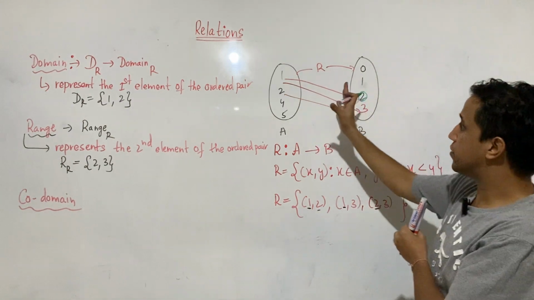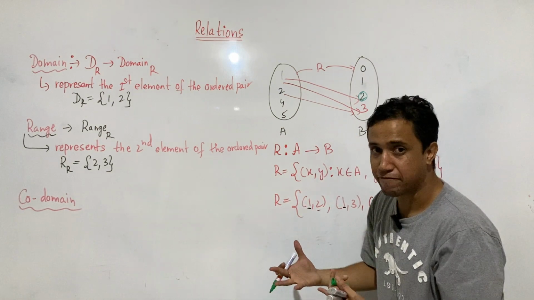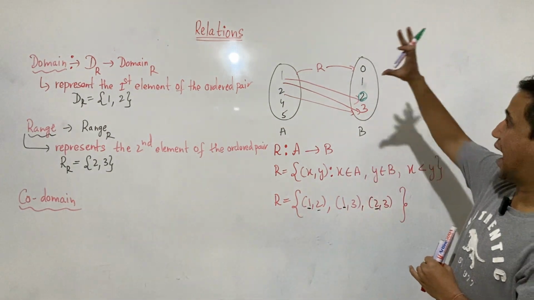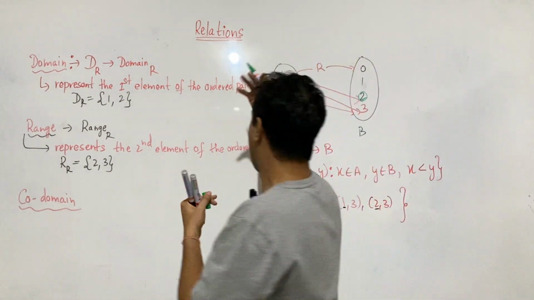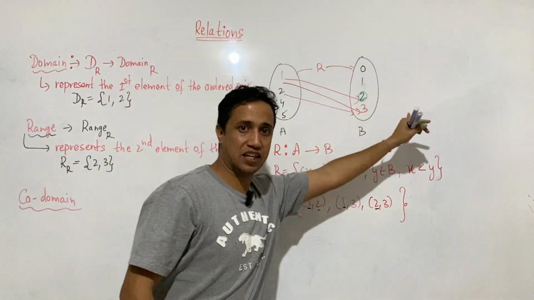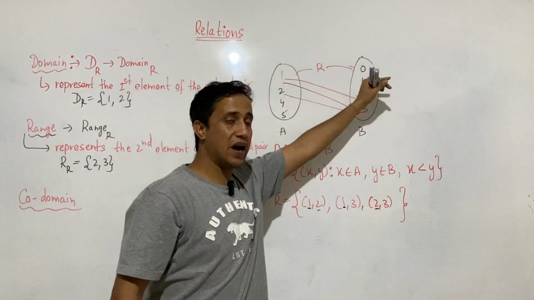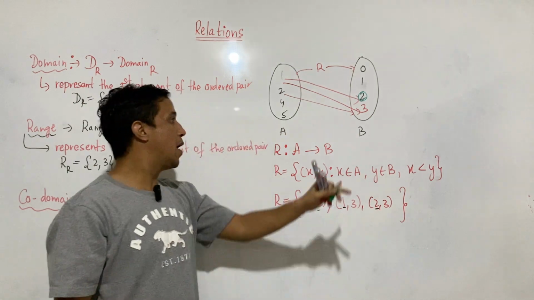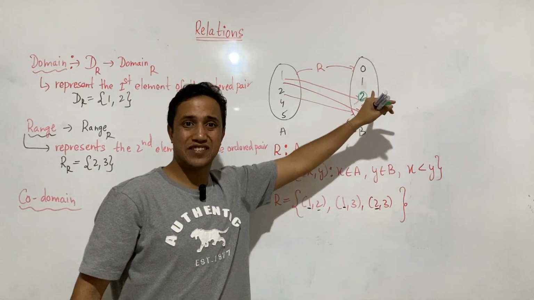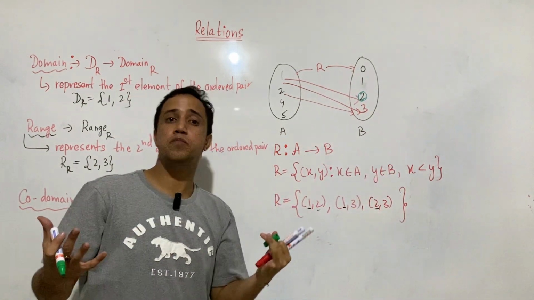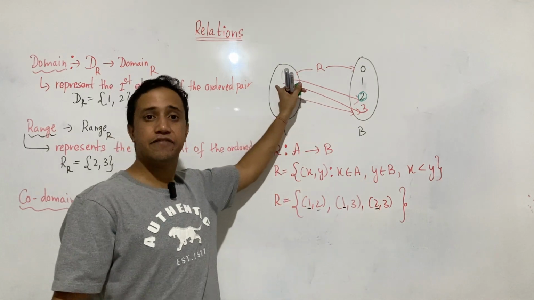So when a relation is defined and the elements in the first set are related with the elements in the second set, then the elements of the second set are going to be images of the elements of the first set.